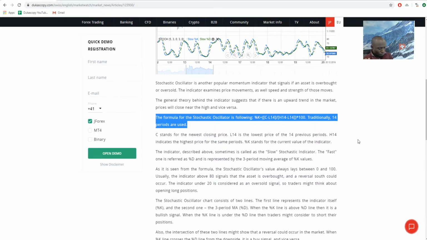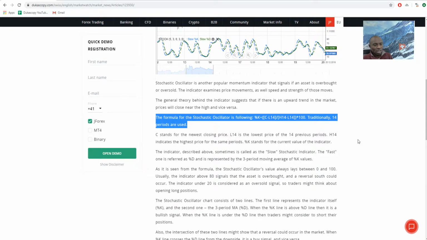Why? Because this stochastic indicator, number one, helps you identify a pullback, a potential end of the trend, or a pullback ending, or however you want to call it. That's number one. Number two, the indicator gives you an idea of where to enter the market and when to exit the market.